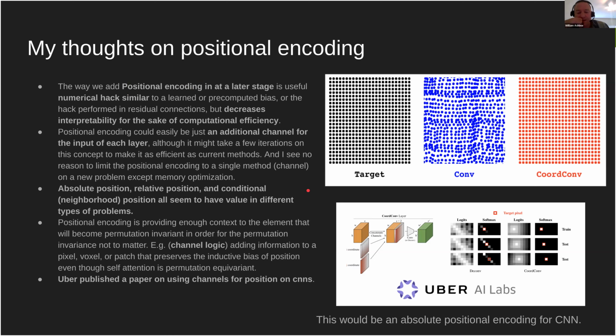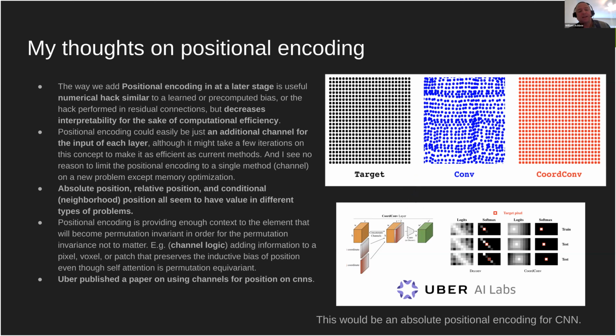Uber, using convolutions, considered positional encoding for convolutions as an additional channel. I think that makes more sense. The reason is, if you consider the pixel as the thing that's the set or the sequence being permuted, then all the channels together are like an object.